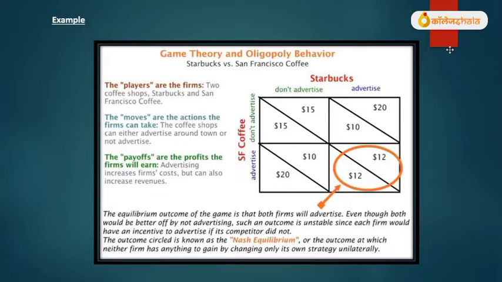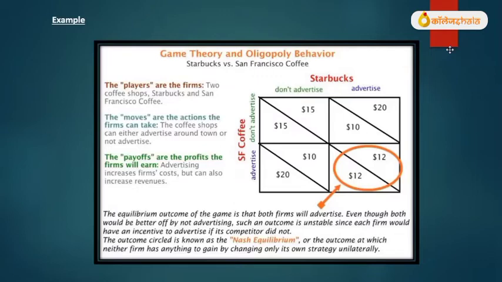But still that $15 strategy is unstable, because in that particular strategy, Starbucks or SF Coffee can move. Maybe they will be dreaming about the extra earning and do advertisement. They can change their strategies.